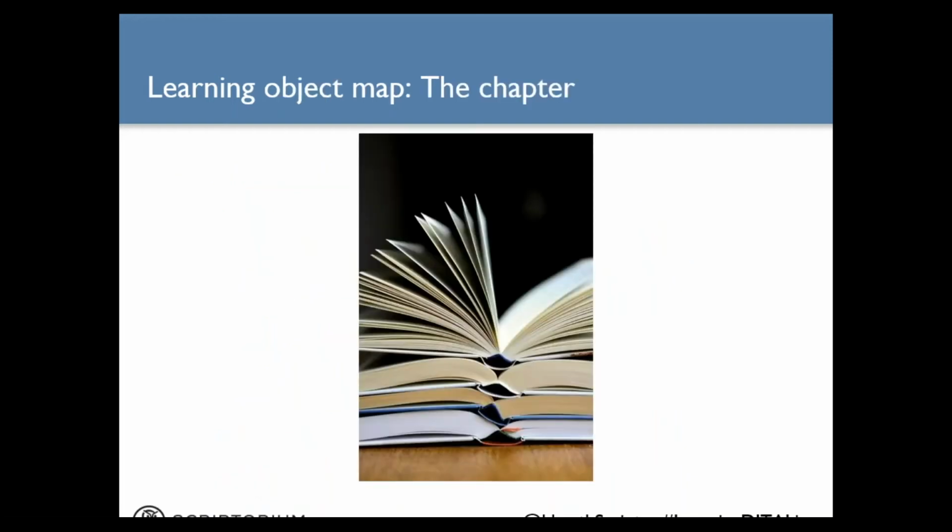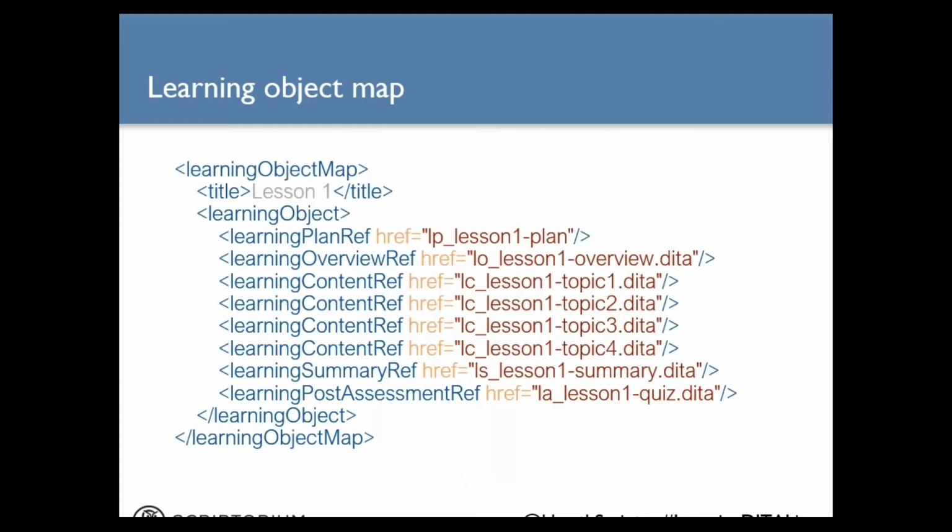I'm going to move on to our learning object map. We're going to think about this as the chapter. Let's look at an example of this because I have more detail here about what it's going to look like. Again, we have our learning object map, and within that we have our learning object, which is meant to be reused. You can see here we've got learning plan, learning overview, and then as many as you need learning contents, and then learning summary.